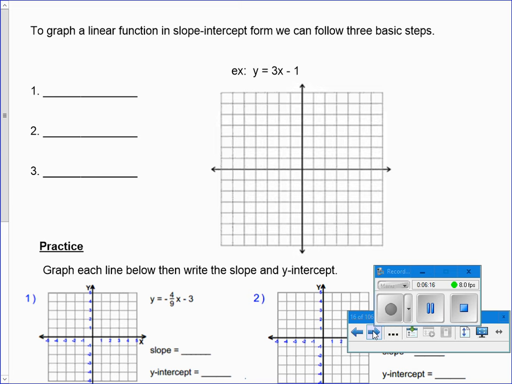So if we have an equation written out in slope-intercept form, we can follow some basic steps for graphing it. I haven't included it up here, but what we just did would be step 0. That'd be to identify the slope and the y-intercept.